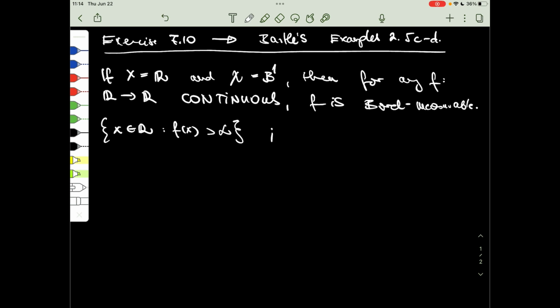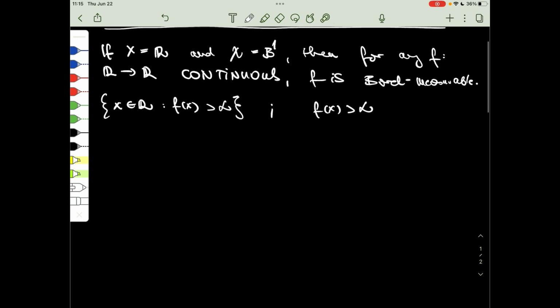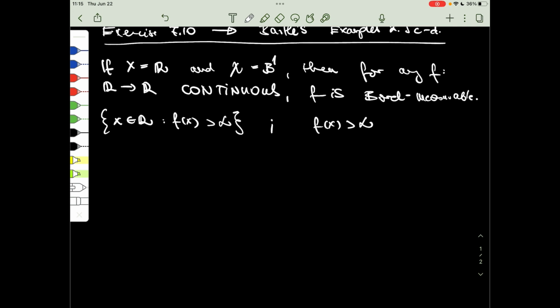In other words, this is the inverse image of the set where f(x) is higher than alpha. The inverse image is an open set. So we have an open set on the real line, and this open set, the inverse image, is in the Borel algebra, so f is Borel measurable. So we have just proven that any continuous function is Borel measurable.